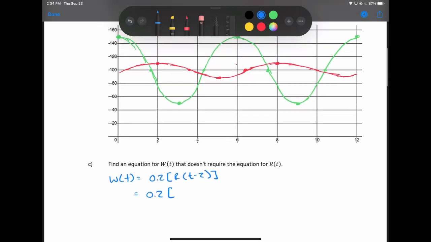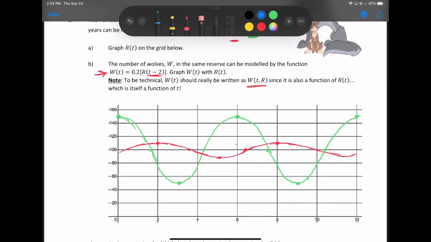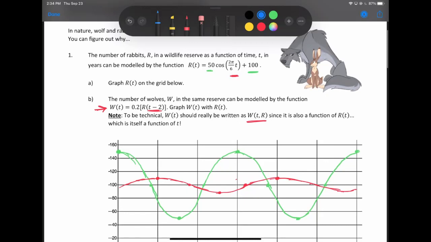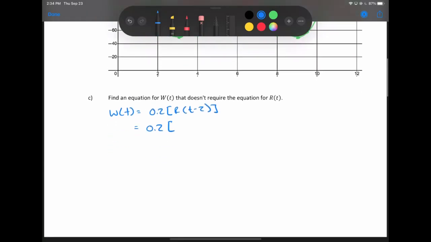I'm going to go back up for just a second. And our equation for R at t was 50 cos of 2 pi over 6 t, plus 100.